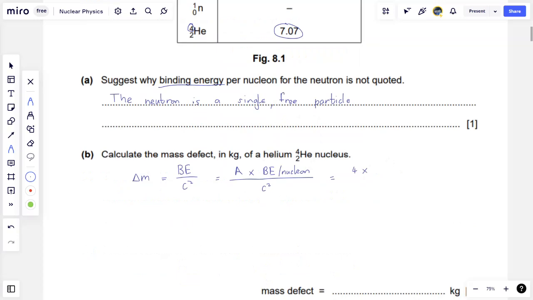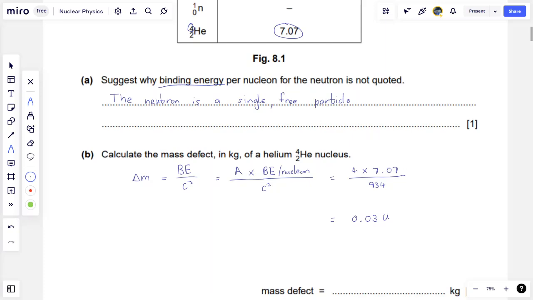So that's 4 times 7.07 divided by c squared. But we know that c squared in mega electron volts is 934. And so this becomes 0.03 atomic mass units.